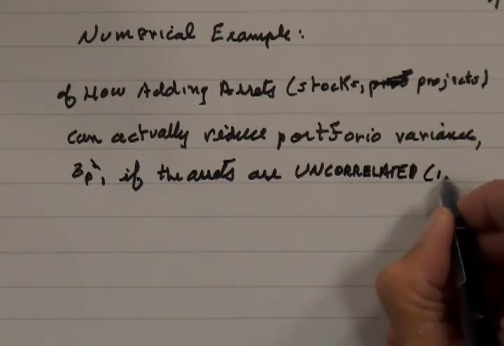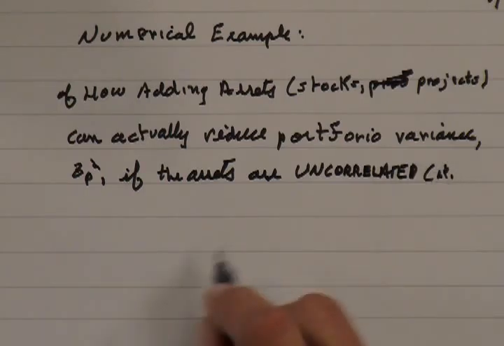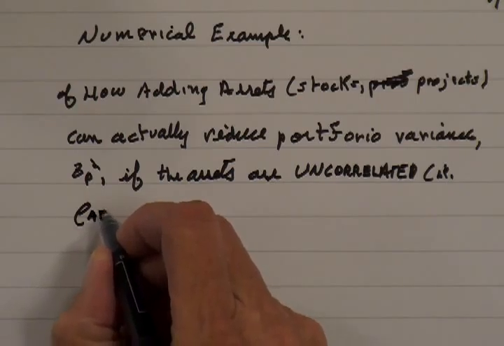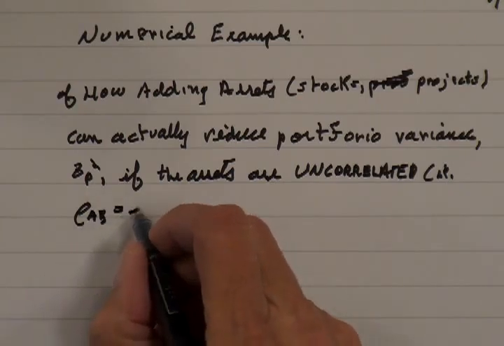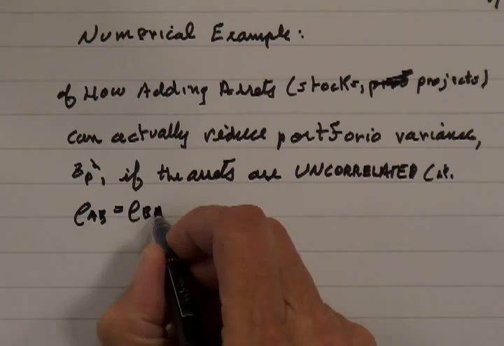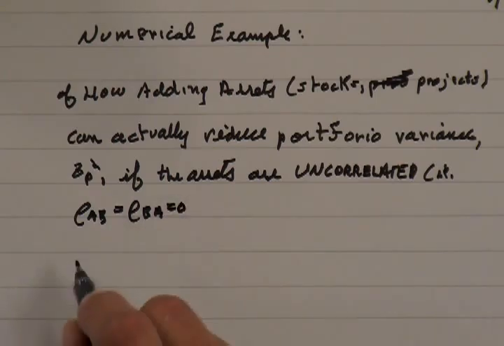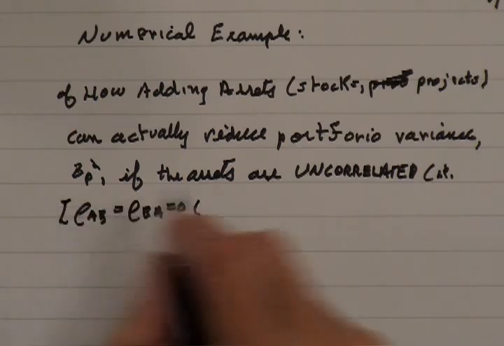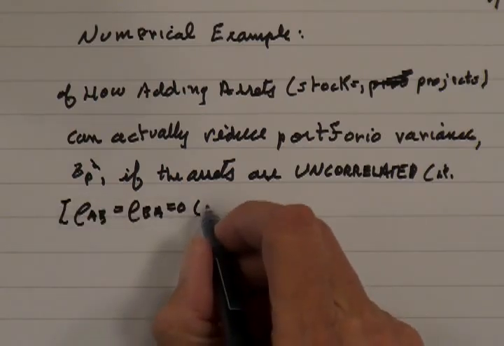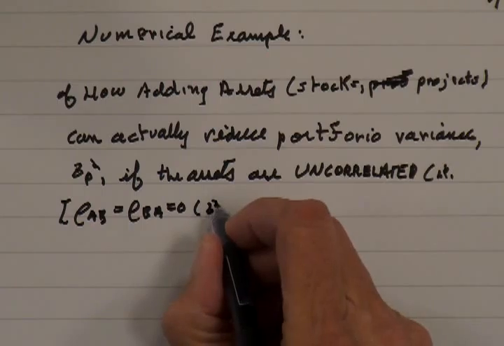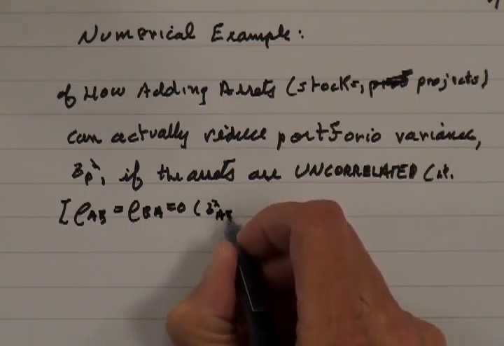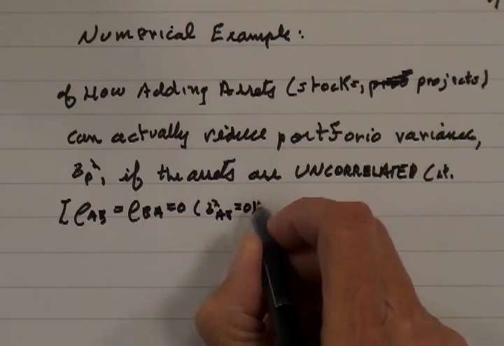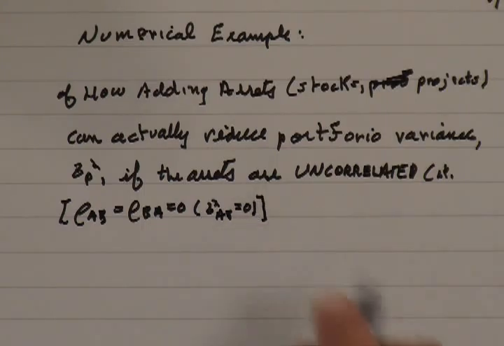In other words, we have that rho AB equals rho BA equals 0. Also, we have that sigma squared AB equals 0. Obviously. Okay.